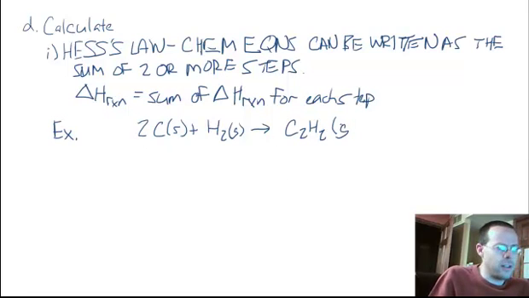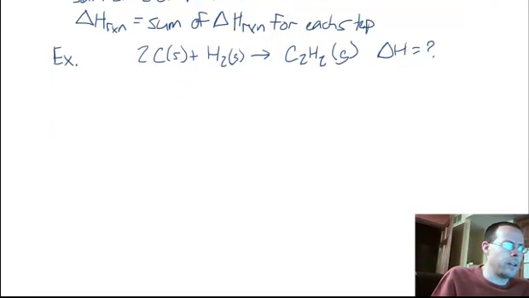What is the energy, or the delta H, of this reaction? Something like this in your book would be set up so that it would give us a series of steps, and these are the specific steps that the book might give us.